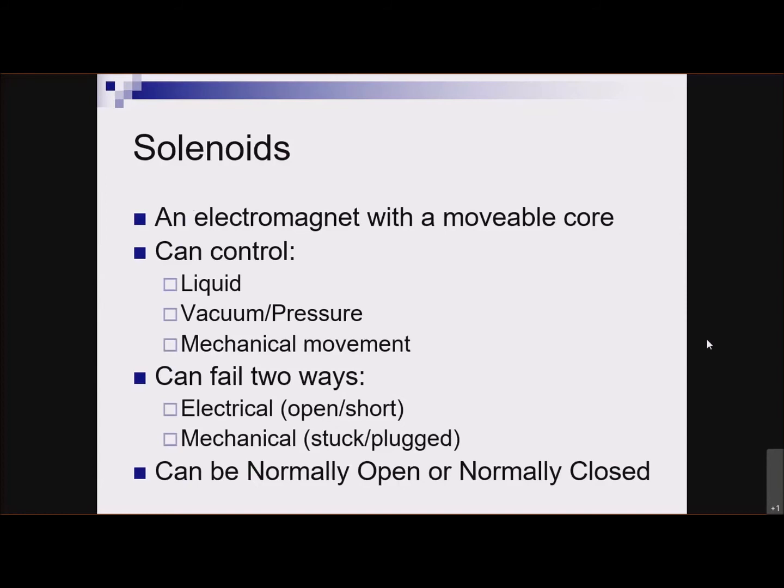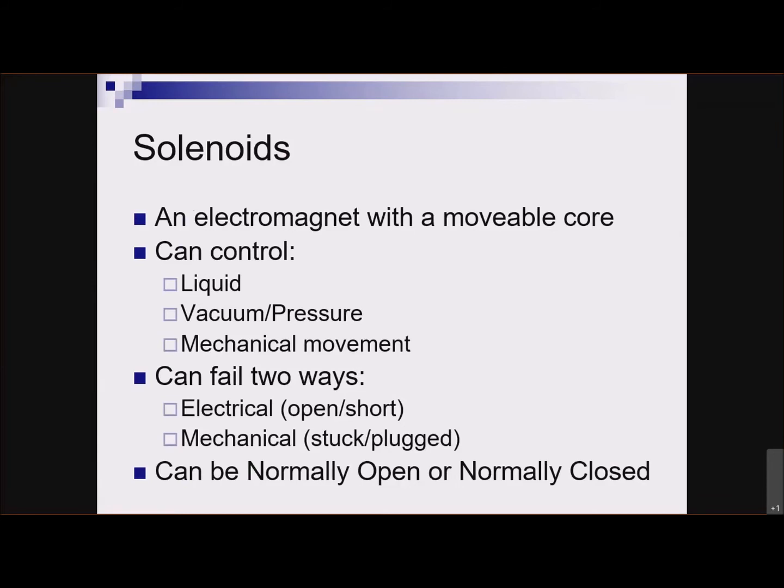So there's two ways they can fail. Some of you in lab, I was talking about relays, and I said just because the relay is electrically okay doesn't mean that the coil works, doesn't mean that the relay is good. I said the click test is no good, basically.